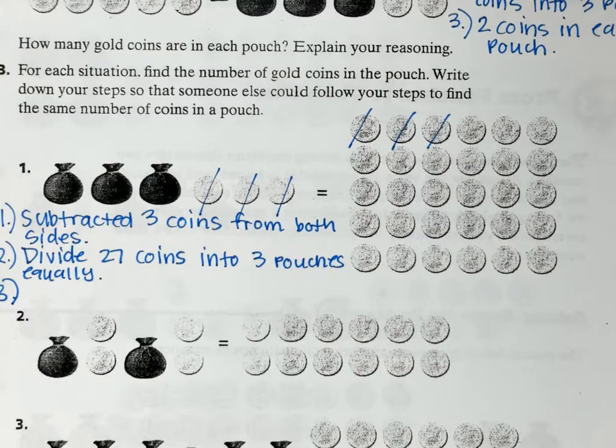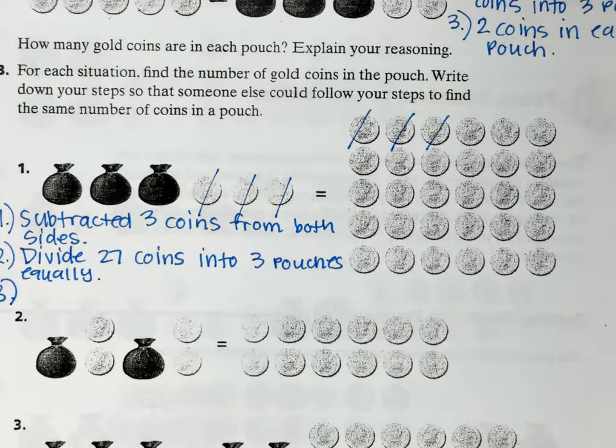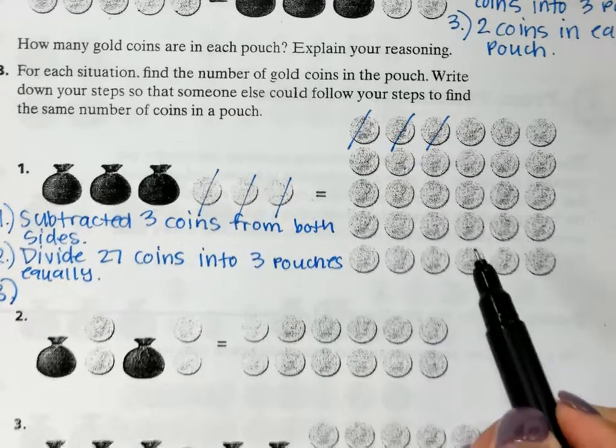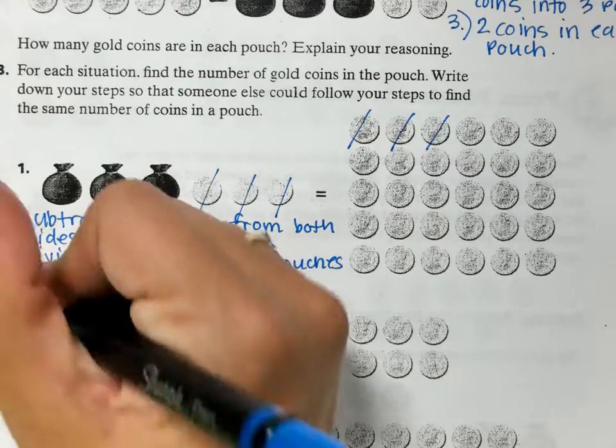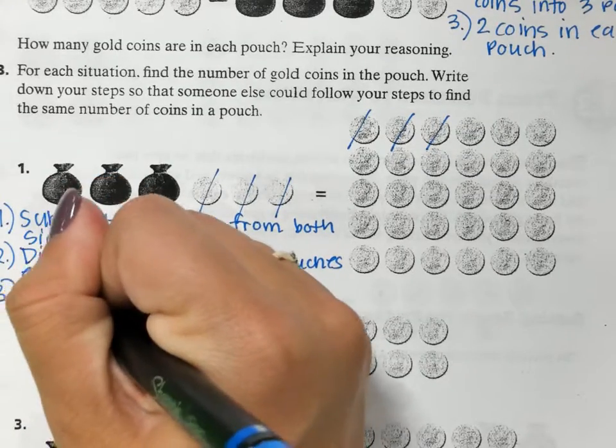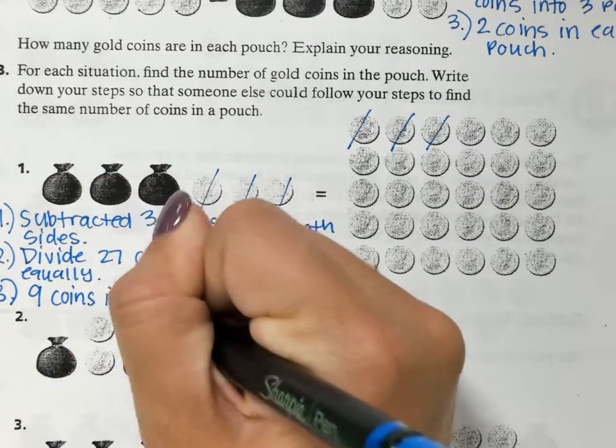So once I do that, how many am I left with? How many coins are in each pouch? If I do 27 divided by 3, that means I have 9 coins in each pouch.